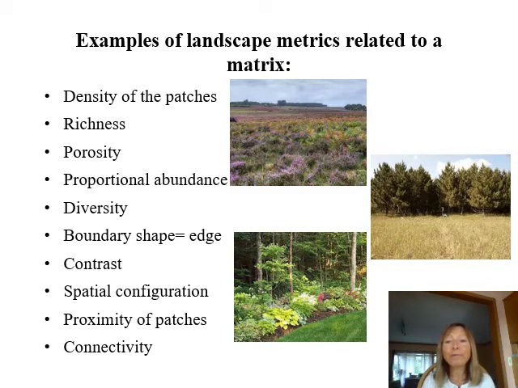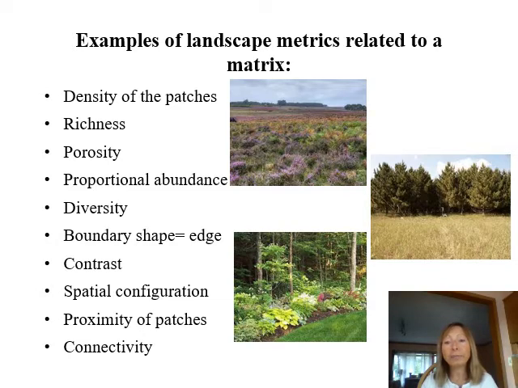So there is a number of landscape indices or landscape metrics that would apply to the entire landscape, to the landscape mosaic, and they would also apply to the description of the landscape matrix. Here are some examples of those indices. The density of patches, right?